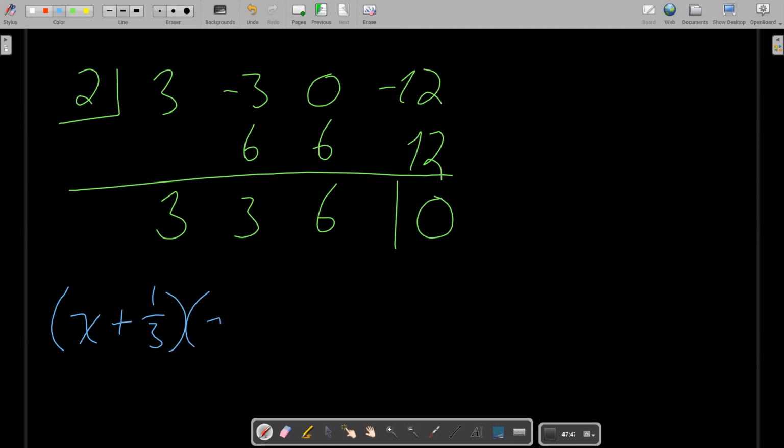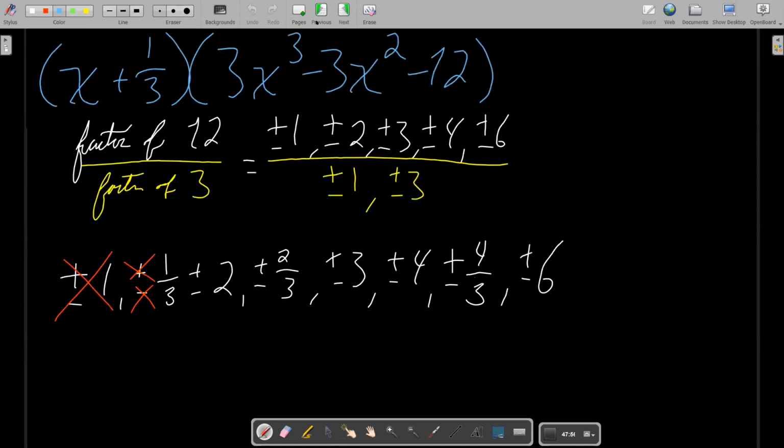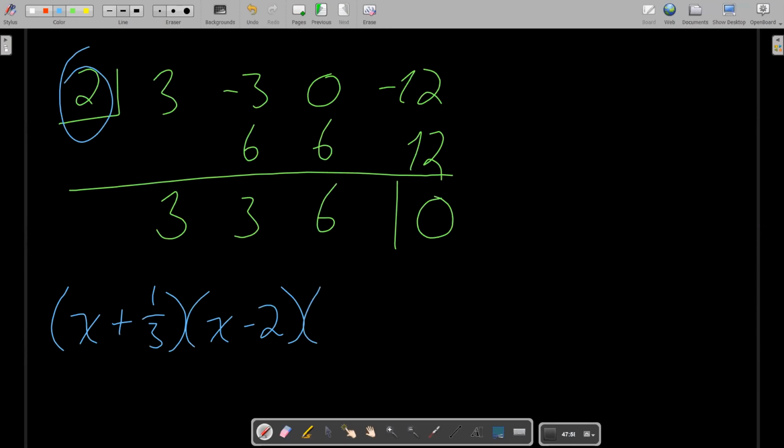I know that x minus 2 is the next one. Okay, no, I can't erase it now. Oh well. And then this comes to 3x squared plus 3x plus 6.